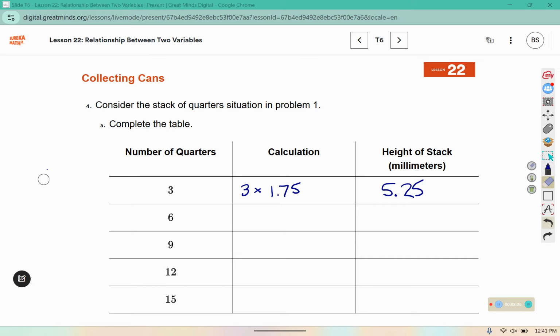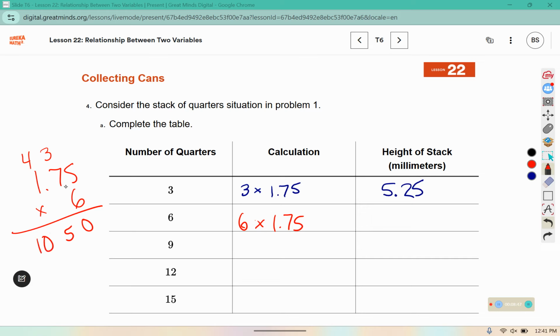For the next one, we are multiplying 6 quarters by a height of 1.75. 6 times 5 is 30. 6 times 7 is 42, plus 3 more makes 45. 6 times 1 is 6, plus 4 more makes 10, with 2 decimal spots.